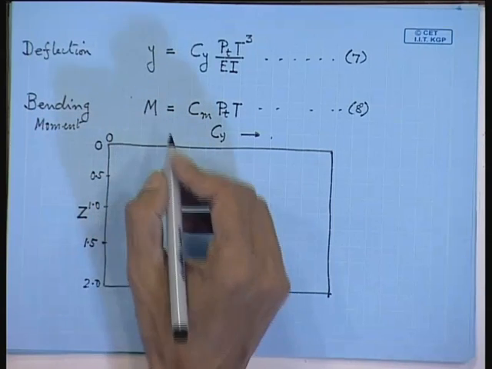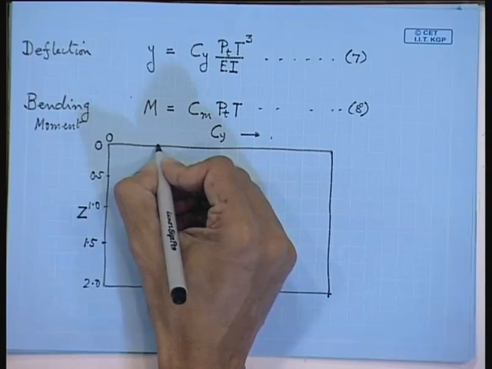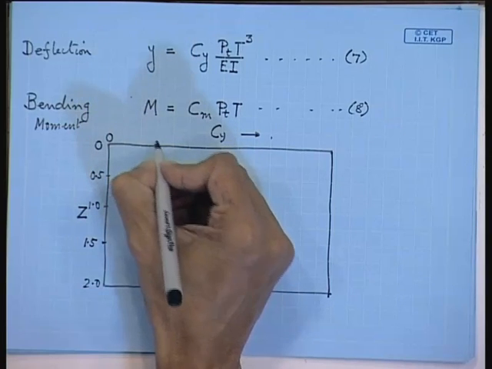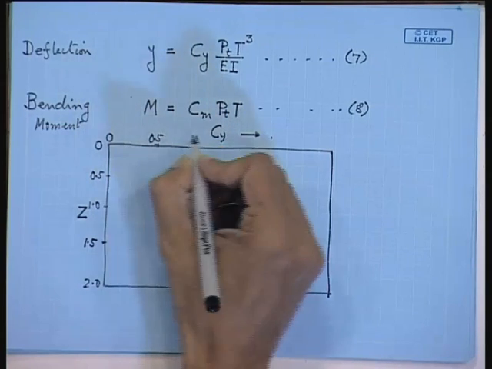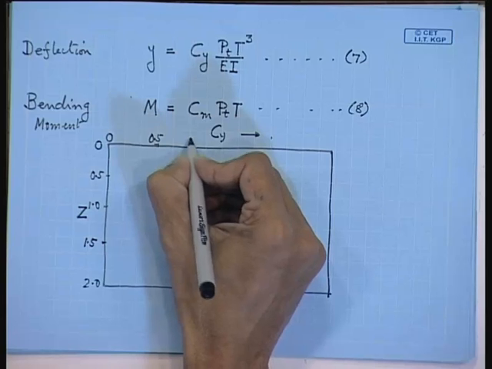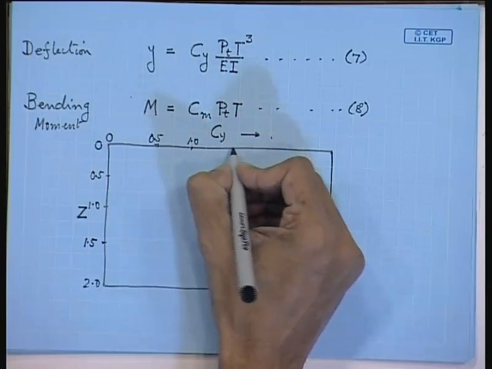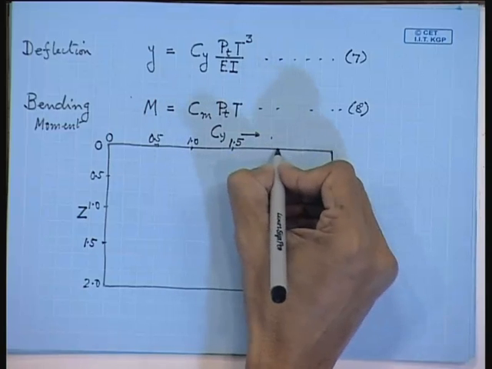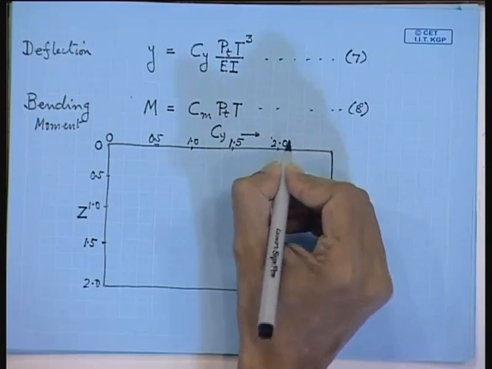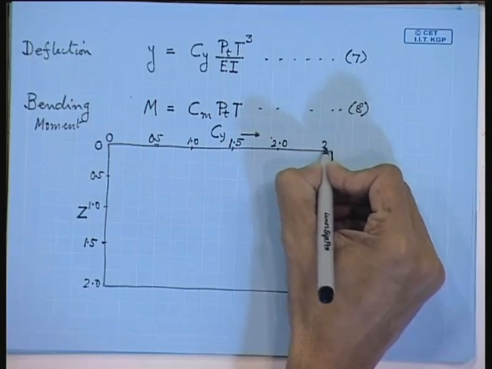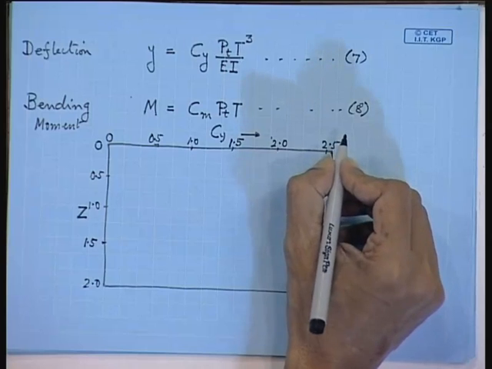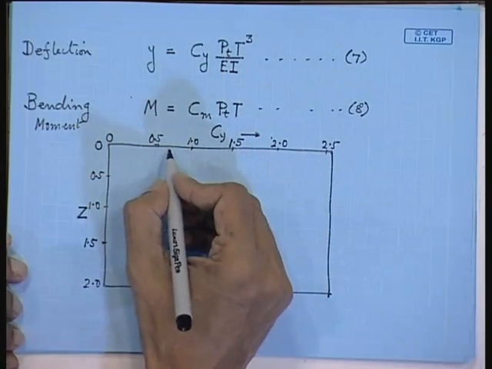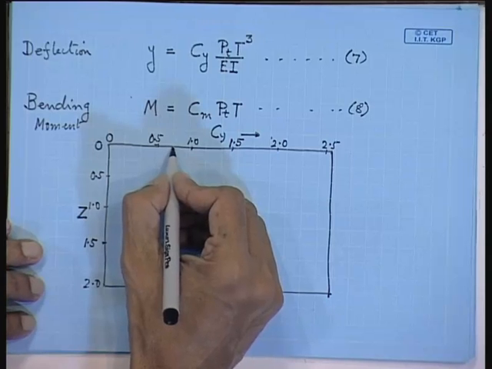Now, you plot Cy, so Cy you will get 0.5, this you will get 1.0, this is 1.5, this is 2.0, this is 2.5. Now, you get a series of graphs like this.